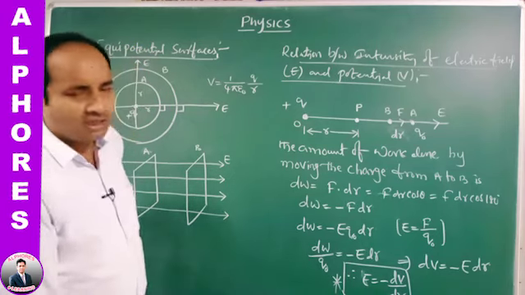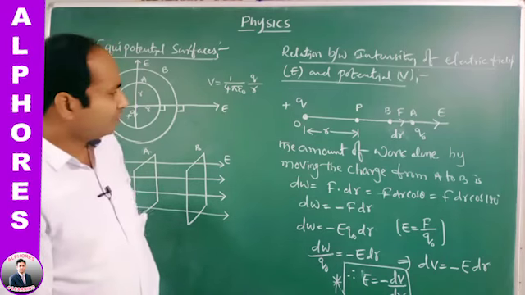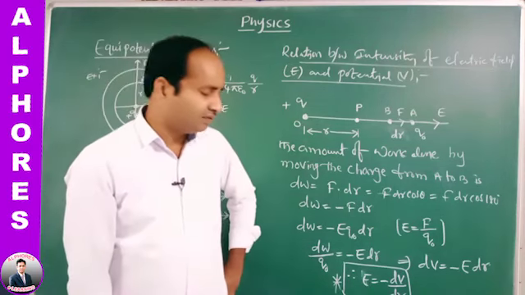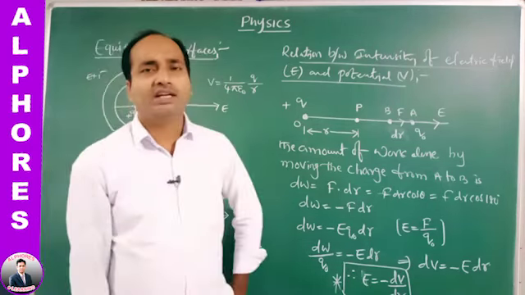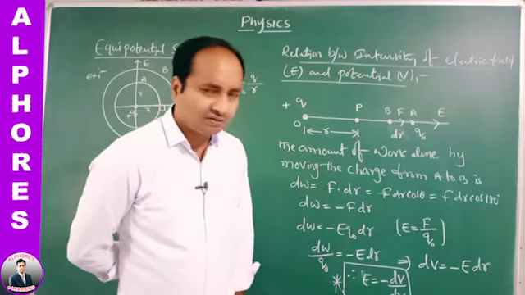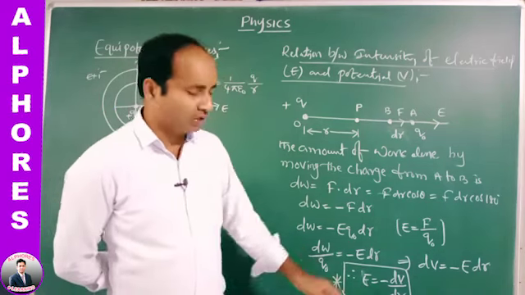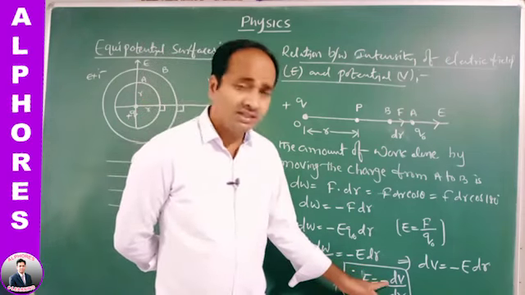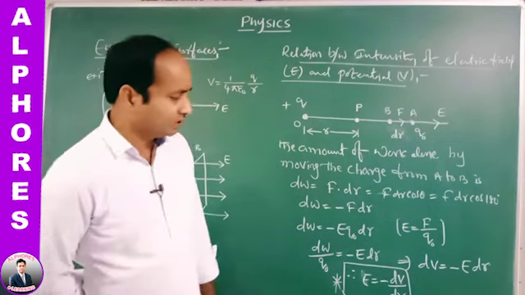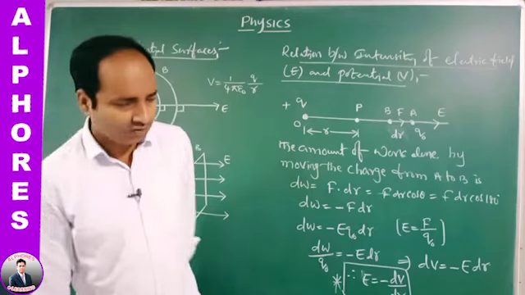Means E, the electric field, is minus of dV by dr. So from this equation we may say that the direction of electric field is along the direction of decreasing value of potential. The minus sign indicates the electric field is in the direction of decreasing value of potential. dV by dr is called the potential gradient.